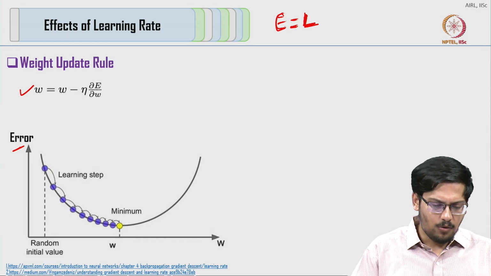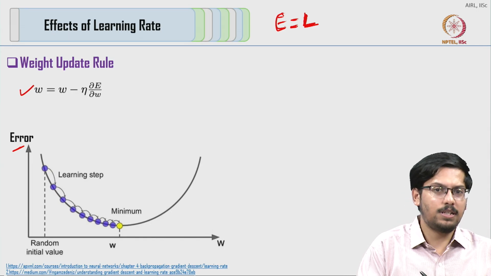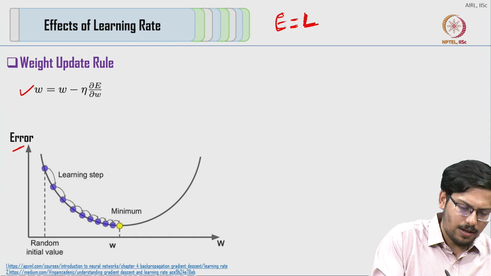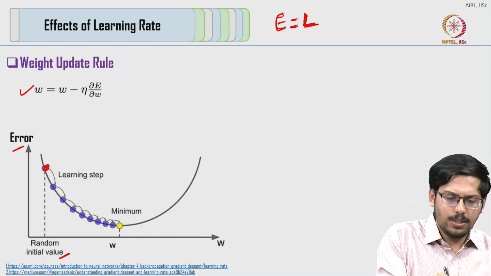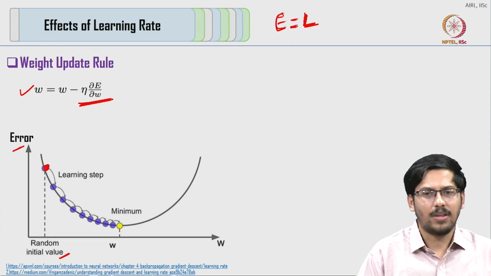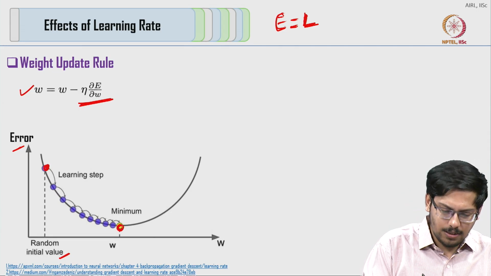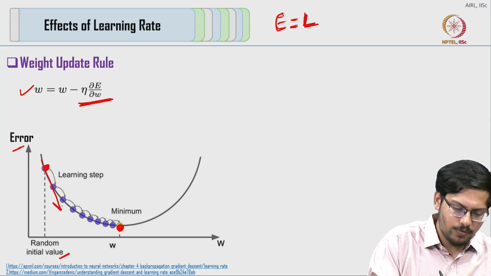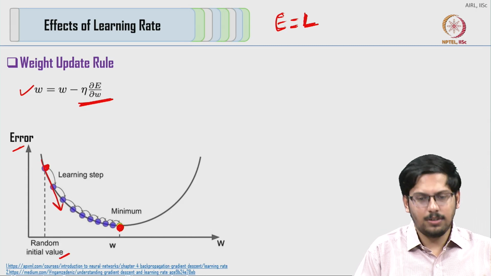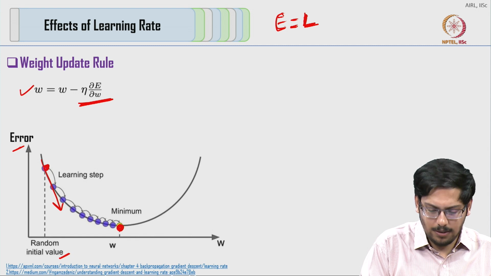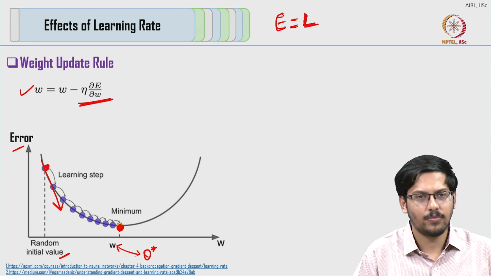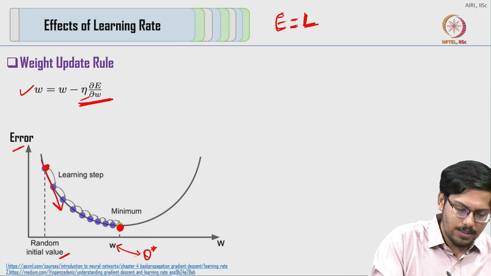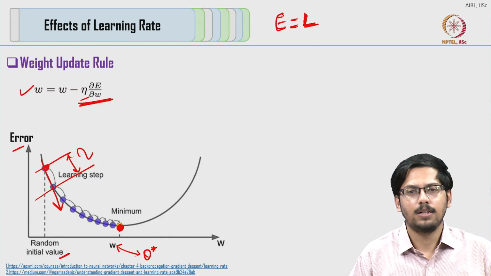This is the optimization algorithm which we discussed in detail last time: we find a random initial value, and from the random initial value, using the steepest or gradient descent algorithm, we move towards the W which is the minimum. So we move in this direction to attain W, and essentially W could be theta star. This is the minimum value we want to achieve. Now the learning rate's influence is essentially on the step size. So this jump depends on the learning rate.